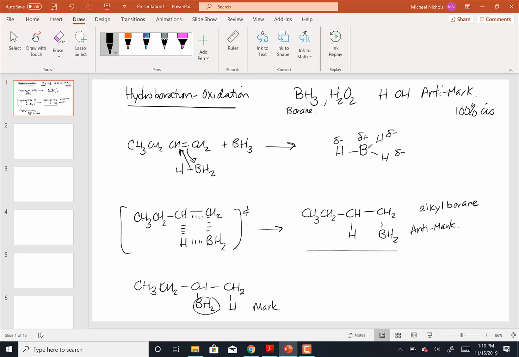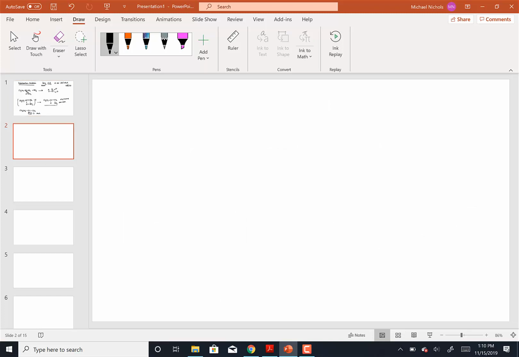So I would take this molecule that I just wrote and it's going to react with another mole of alkene. So if I write that over here, I've got my CH3, CH2, I've got my CH, and this was the hydrogen that I added. I've got another CH2, and then I have my boron, but now my boron has another BH bond.